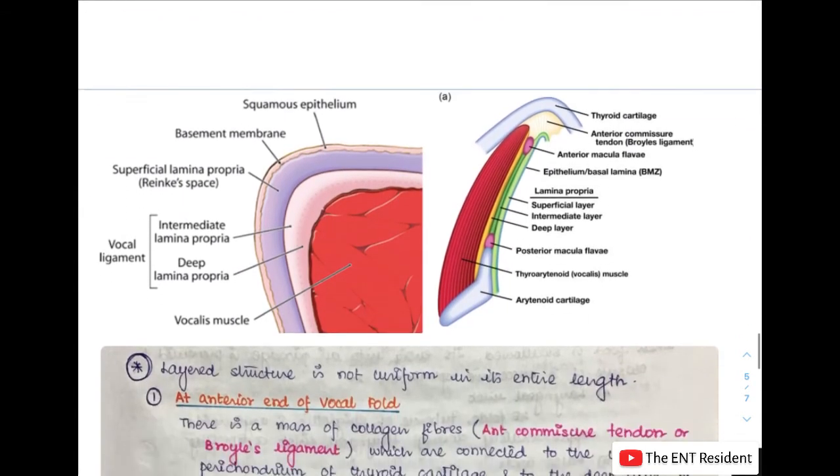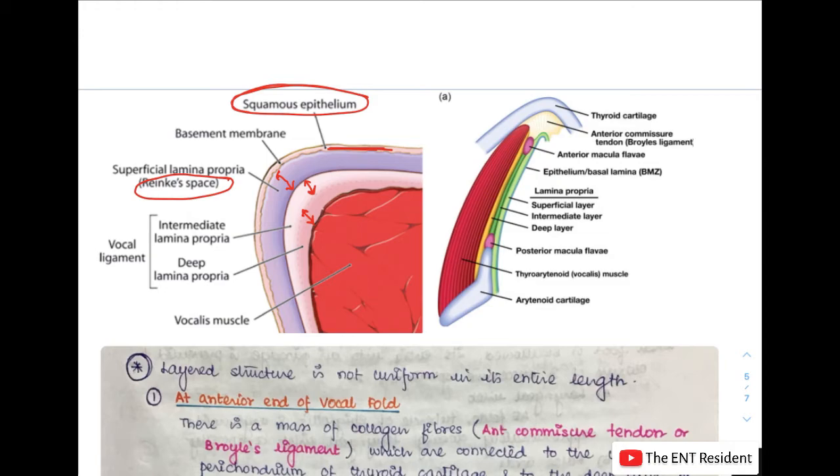So, when we come here in this picture, you can see the first layer here is the non-keratinizing stratified squamous epithelium. Next comes the lamina propria, which can be divided into 3 layers. The first layer is the Reinke space, as you can see in this particular part. The second part, containing the elastic fibers, is the intermediate part of the lamina propria, and this is the deep part of the lamina propria, which consists of collagen bundles.